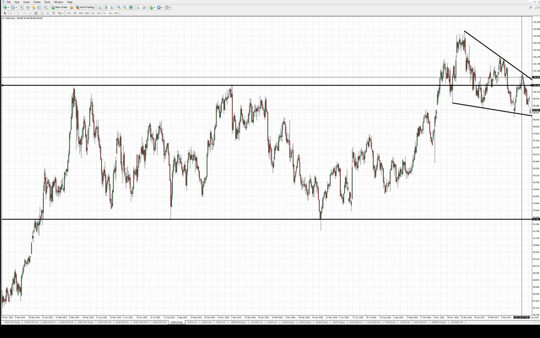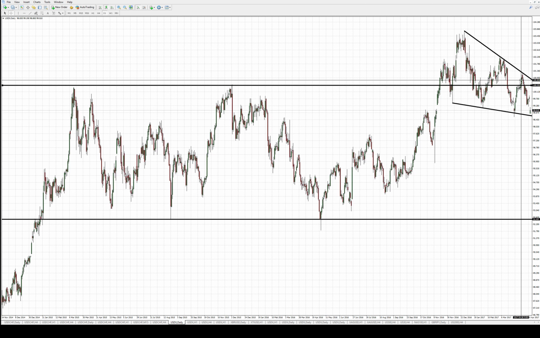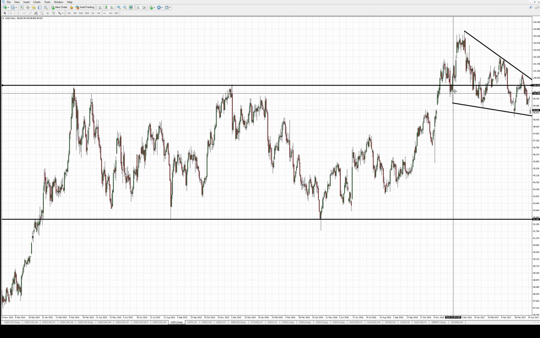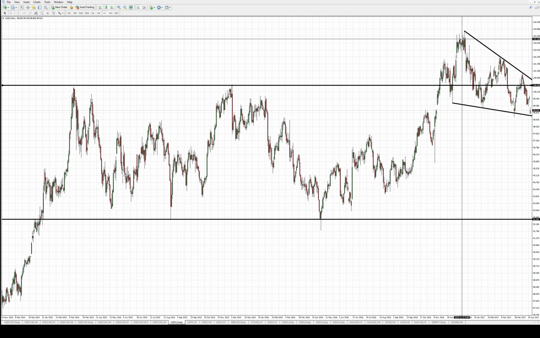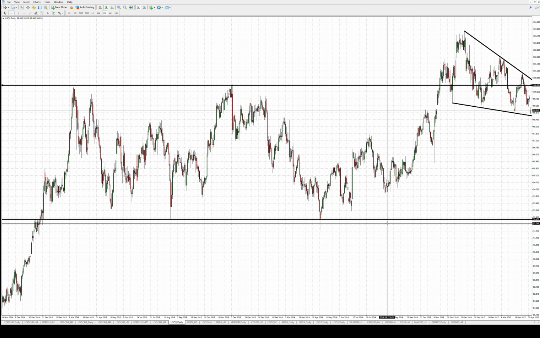However, because you had resistance at this location where this trend line was being created, you now have this descending flag or this wedge, and these are normally continuation patterns.